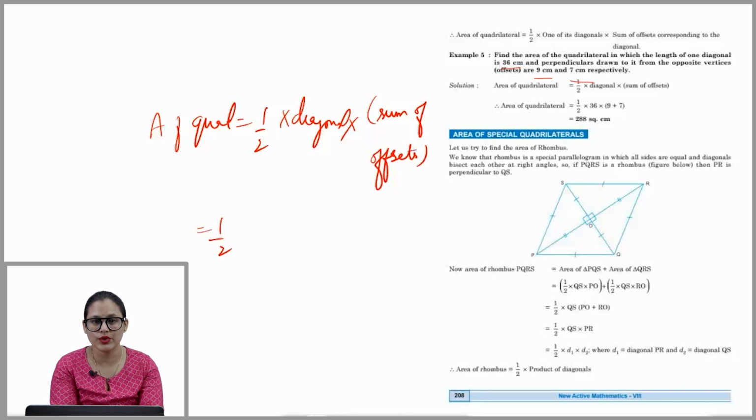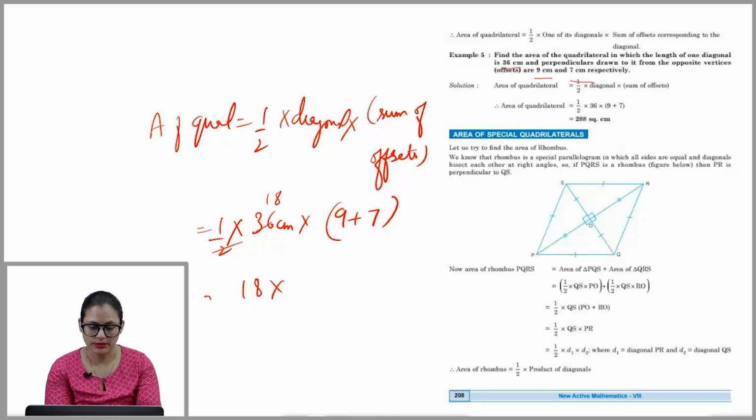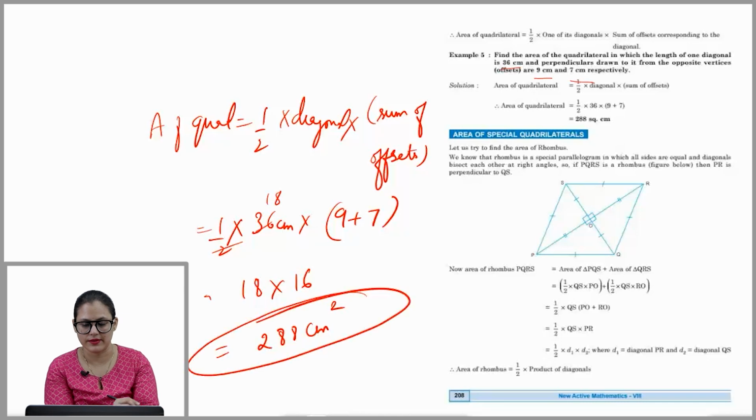So, half into diagonal is 36 centimeter and sum of offsets 9 plus 7. 18 into 9 plus 7 is 16. So, 288 centimeter square is the answer.